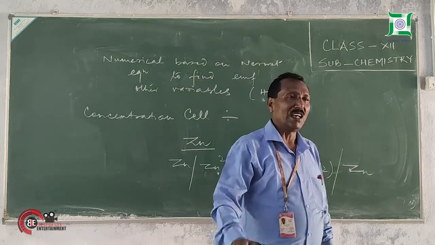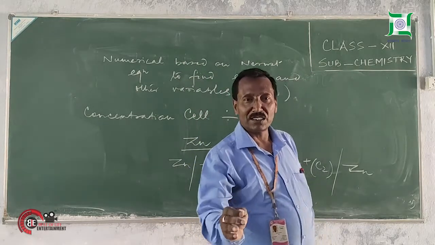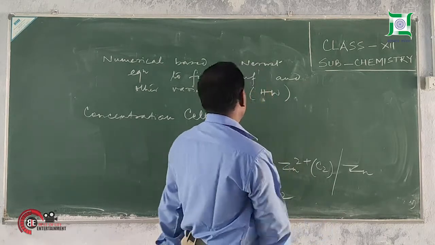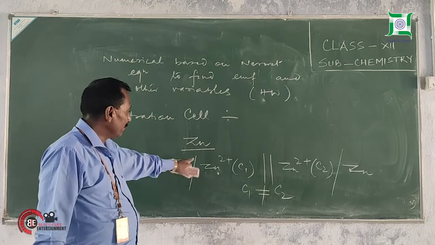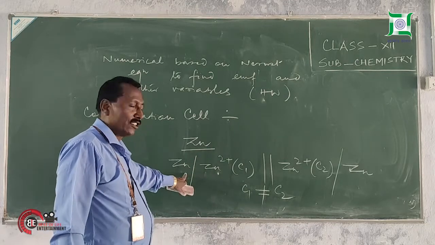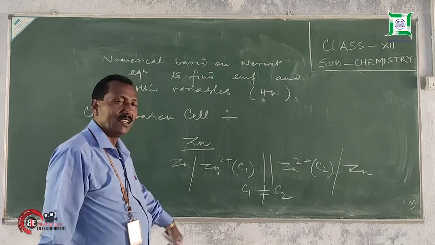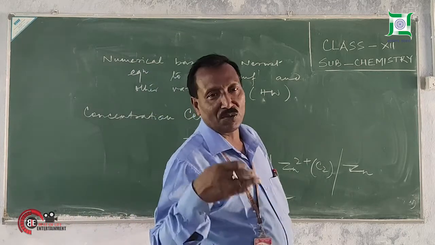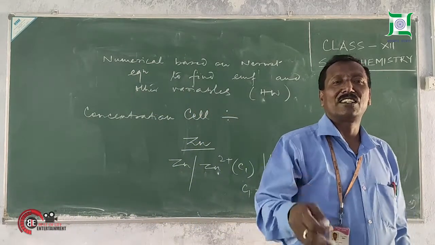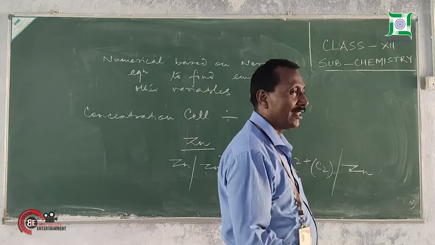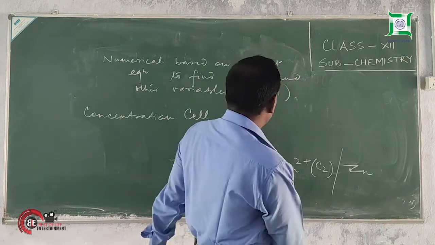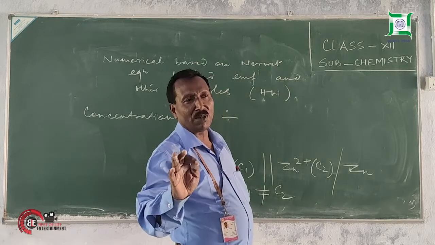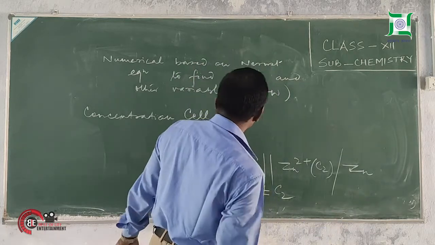That means the electrolyte differs in its concentration. So we can have a concentration cell of zinc, similarly silver, iron, magnesium. For any metal we can construct a concentration cell.